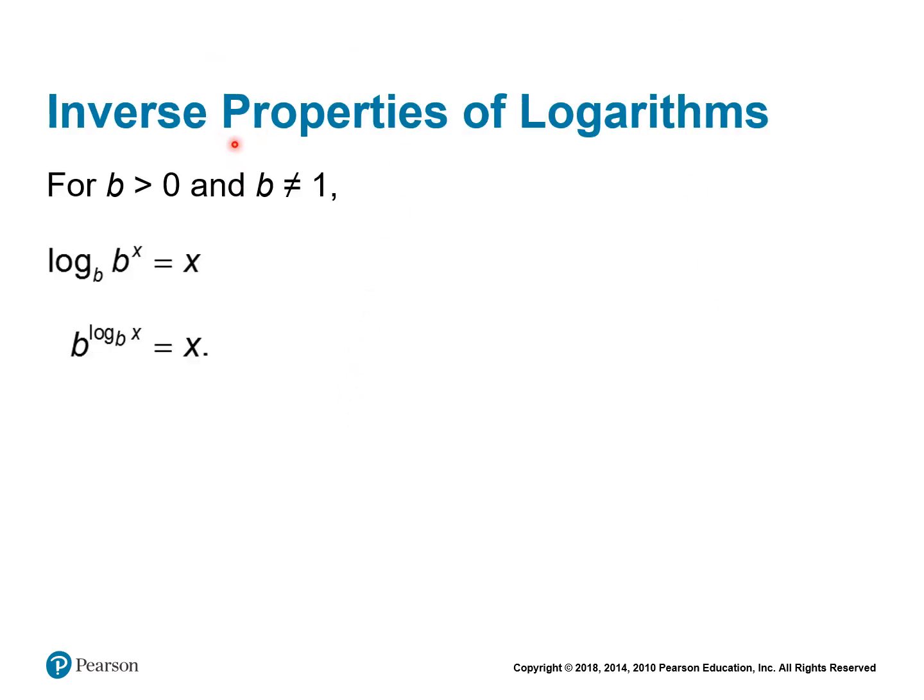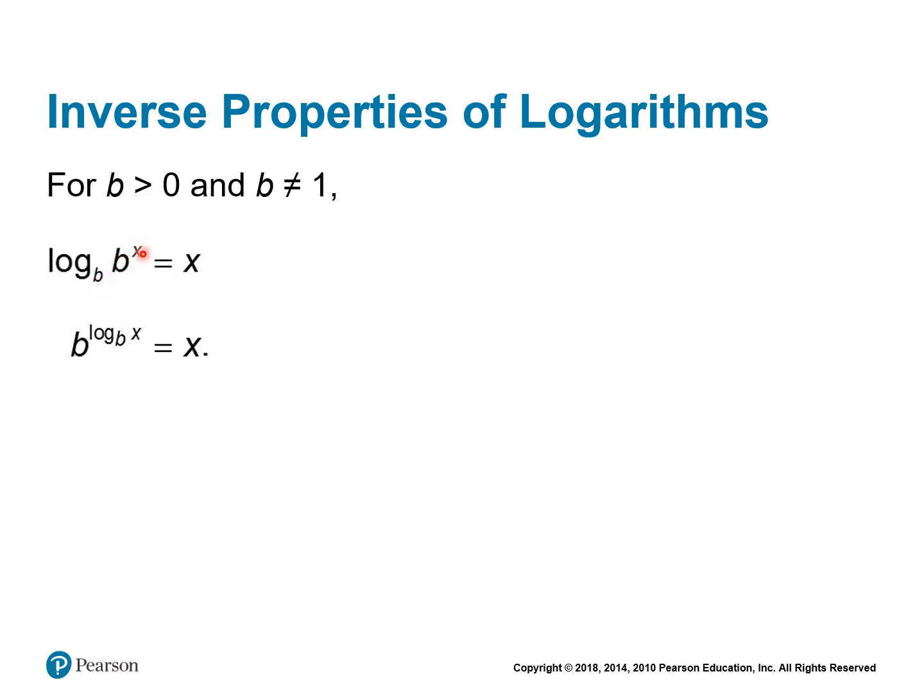Now let's talk about the inverse properties of logarithms, which is quite an important property of logarithmic functions. All right, here it says log base b of b to the power x equals x. So when we have a subscript of b and next to it we have an exponential value where the base is the same as the subscript, so we see a b here.